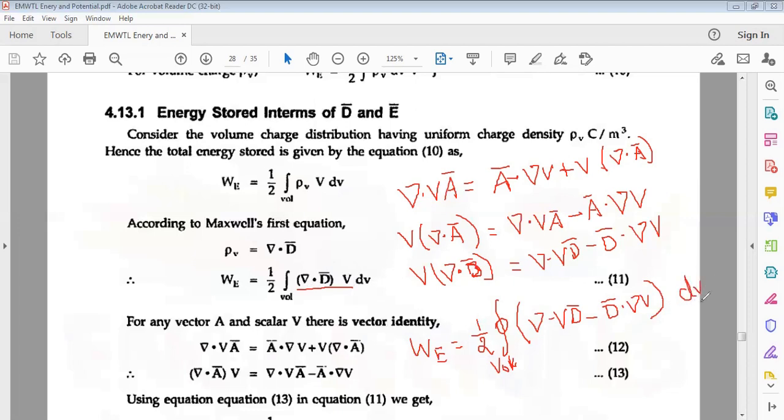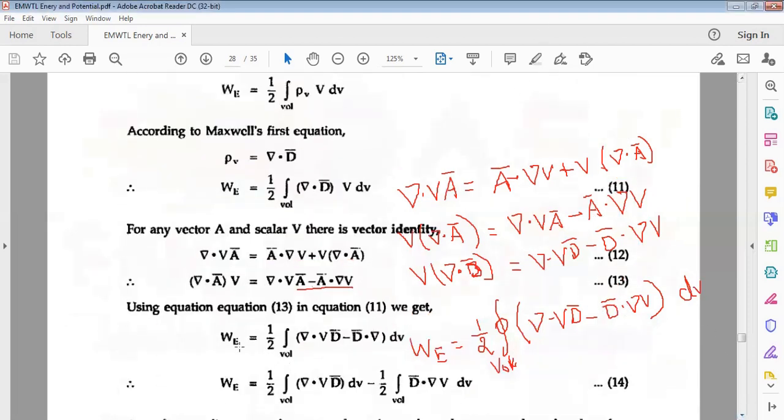Here it is a volume integral. So W is equal to 1 by 2 del dot (v d bar) minus d bar dot del v. Here the del v is also there. There is some mistake here.